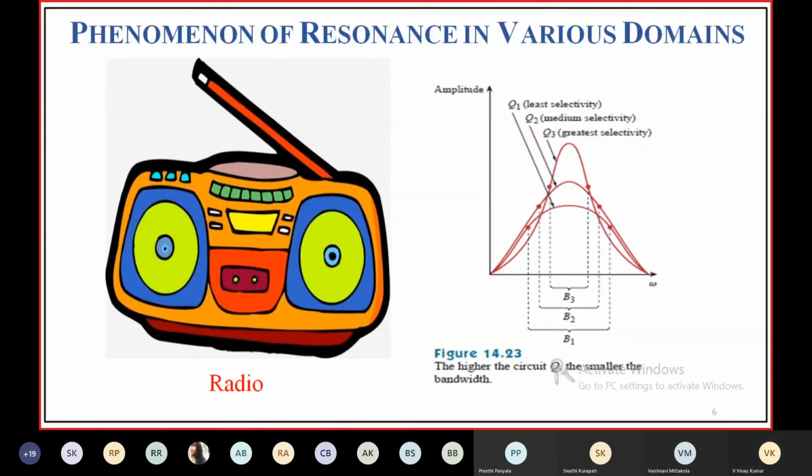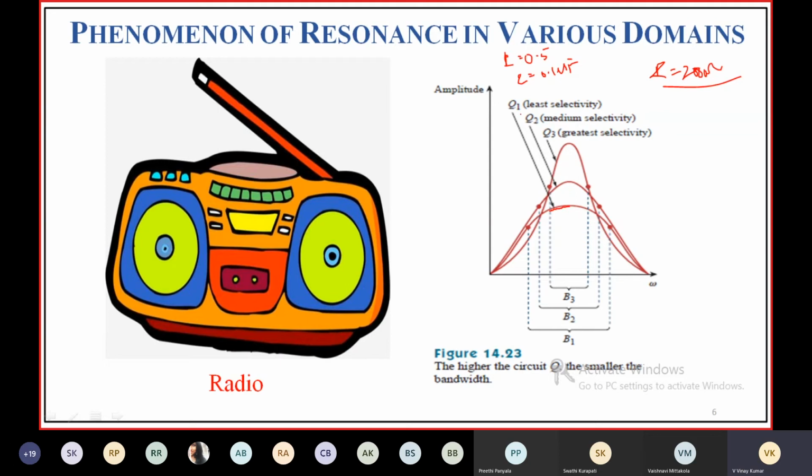Here see, if R is equal to 2000 ohms, let us have L is equal to some 0.5 Henry, C is equal to some 0.1 microfarad. If R is equal to 2000, you're going to have a curve like this.